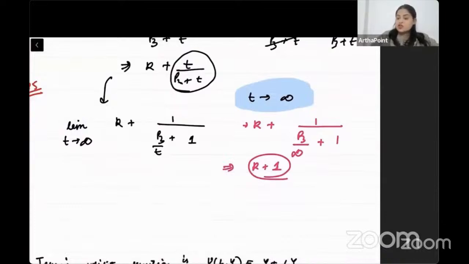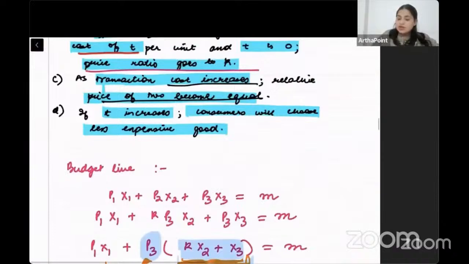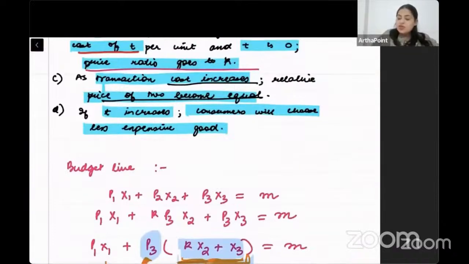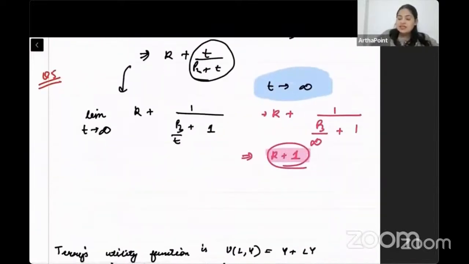So very high transaction cost will give you the price ratio to be K plus 1. Now, look at the last part. This says if T increases, consumer will be choosing the less expensive good. So we saw that as T increases, the ratio between the two prices is coming as K plus 1.